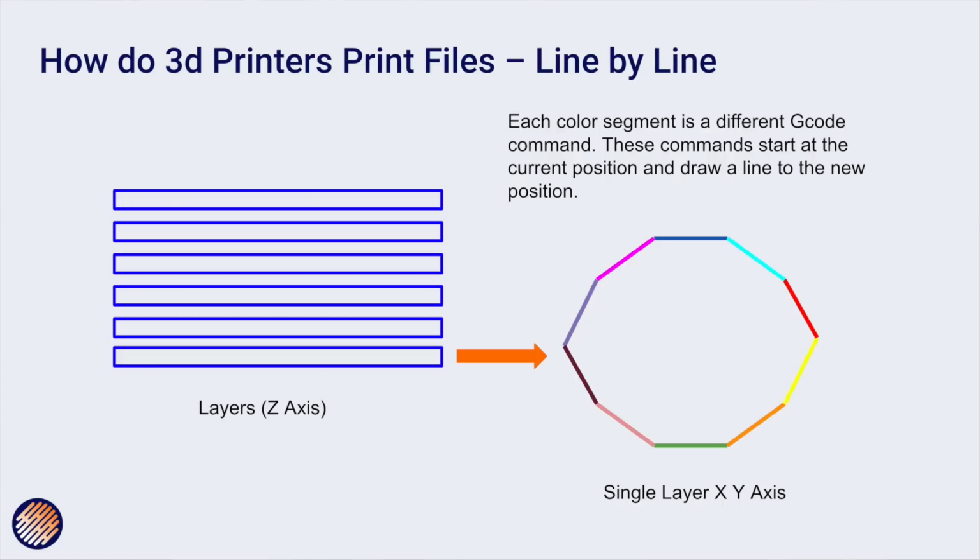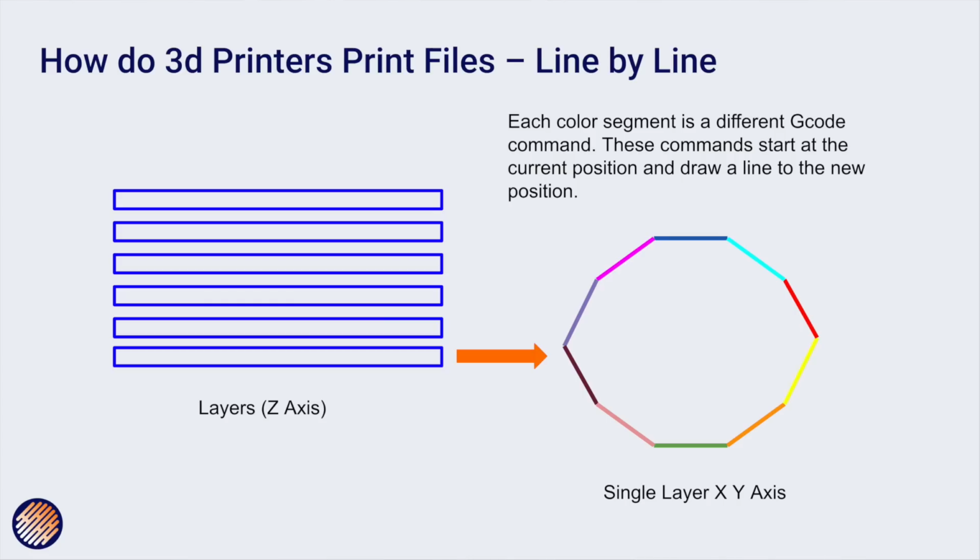So if we look at this picture here, you'll see that it represents layers on the left. If we take a layer and we flip it up so we can see it on the right, this might be this polygon, and each color segment is an extruded piece of plastic. Let's assume they're all in the same color. I put them in colors here just so you could see on the diagram. So we need a way to tell our 3D printer to extrude a piece of filament from this point to this point.